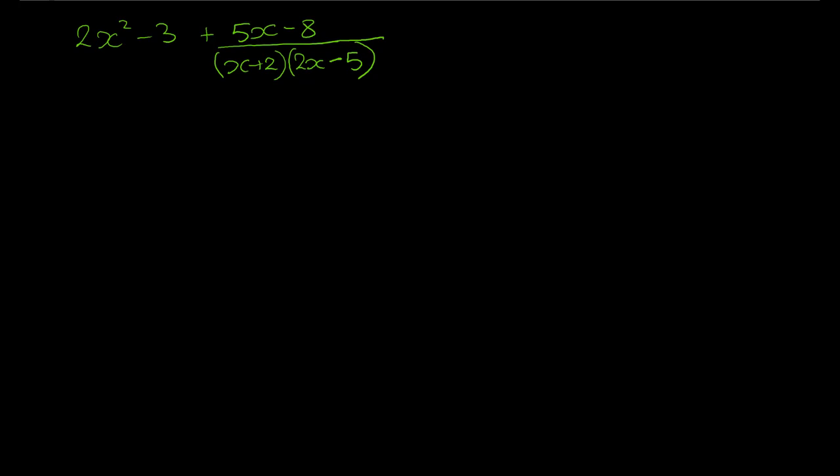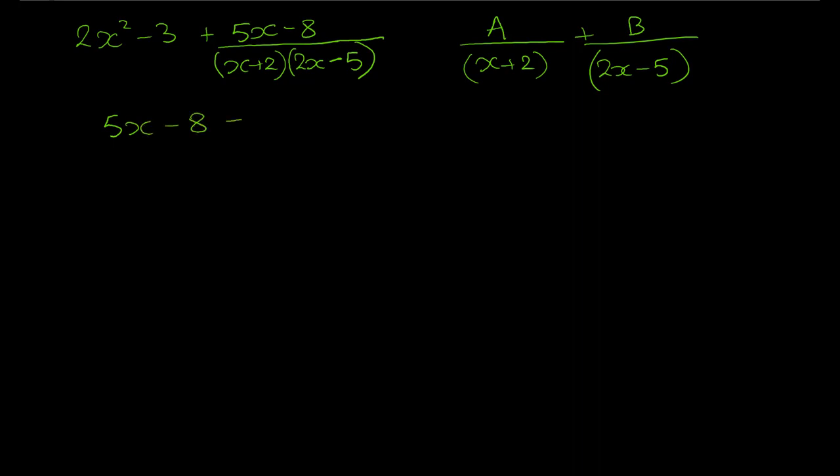Alright, so we're going to turn the fraction part into something over x plus 2 plus something over 2x minus 5. So that means that our 5x minus 8 is going to be equal to a times 2x minus 5 plus b times x plus 2. I'm going to opt to go for equating coefficients.